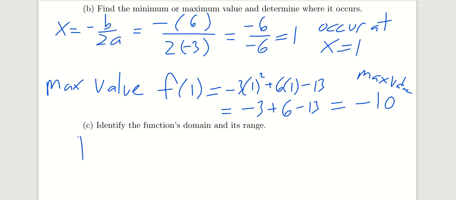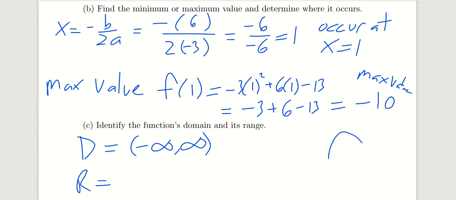From this information, we can state the domain and the range. The domain of any quadratic function is always all real numbers. And we can determine the range from the information that we just found, based upon the way that it opens and the value of either the max or min. Remember, because this one opens downward, it's going to go all the way to negative infinity.